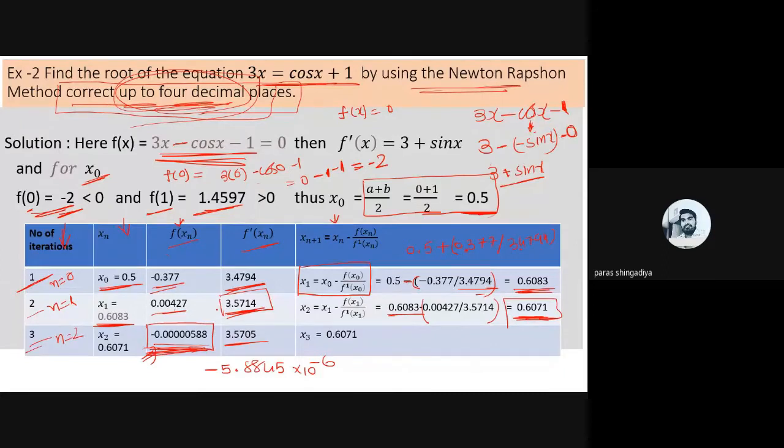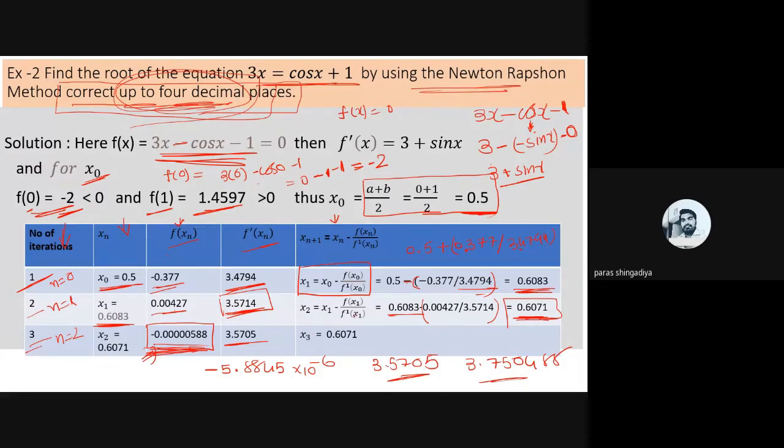So 3 plus sin x will be 3 plus sine of 0.6071, and that will be 3.5704888075. Just round it off to 3.5705, or otherwise you can consider 3.570488 something. Both are correct forms, you can consider any one.